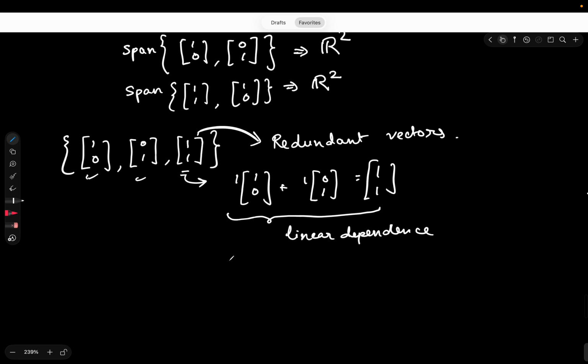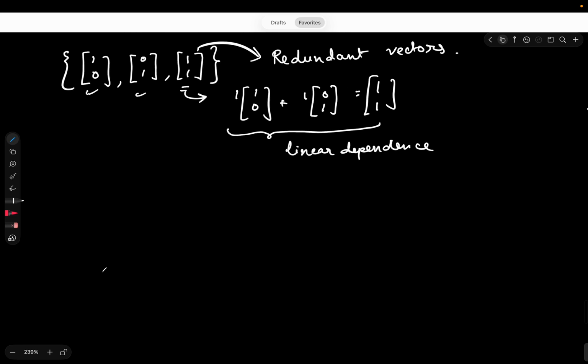So this is a linear dependence on (1, 0) and (0, 1), or we can also say (1, 1) is linearly dependent on (1, 0) and (0, 1). So a linearly dependent vector should not be a part of the basis of a vector space.